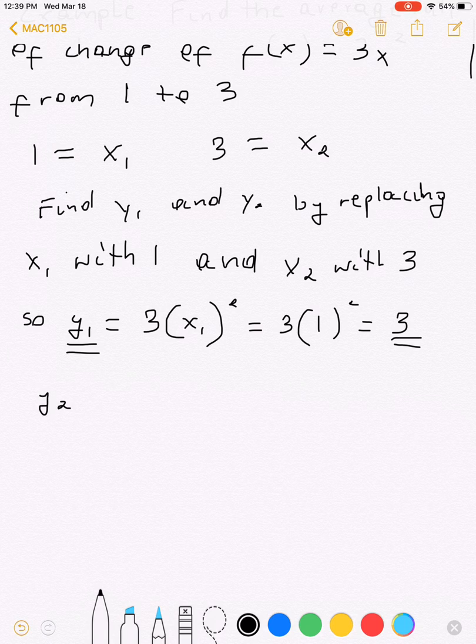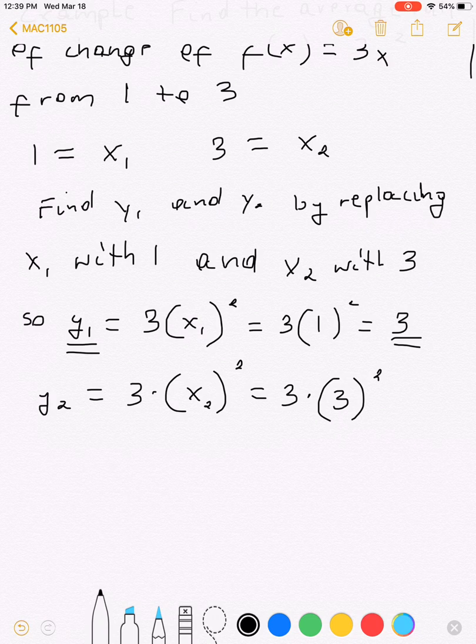y2 is equal to 3 times, and we're going to replace x with x2 to the second power. So that will give us 3 times, and we're going to replace x2 with 3 to the second power.